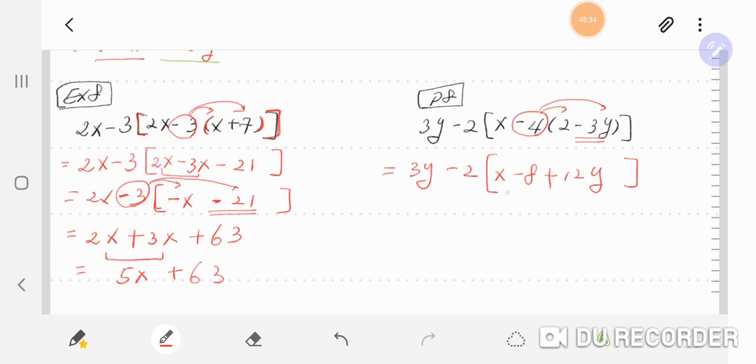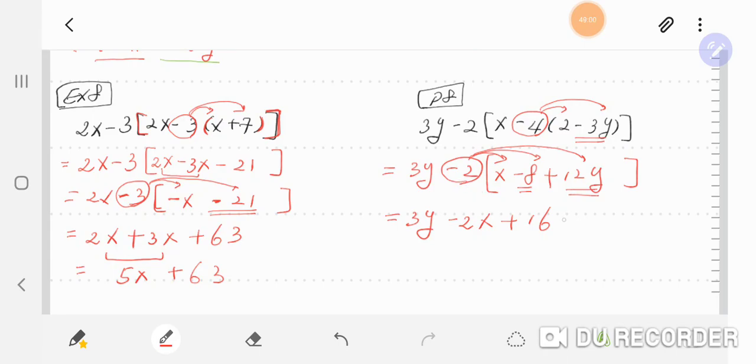Alright, and then the bracket contains 3 terms, and they are all different terms, right? Not like terms. So we will multiply each term by what? Negative 2. So there will be negative 2x. And then negative 8 times negative 2 is positive 16. And then 12y. This is positive 12y.